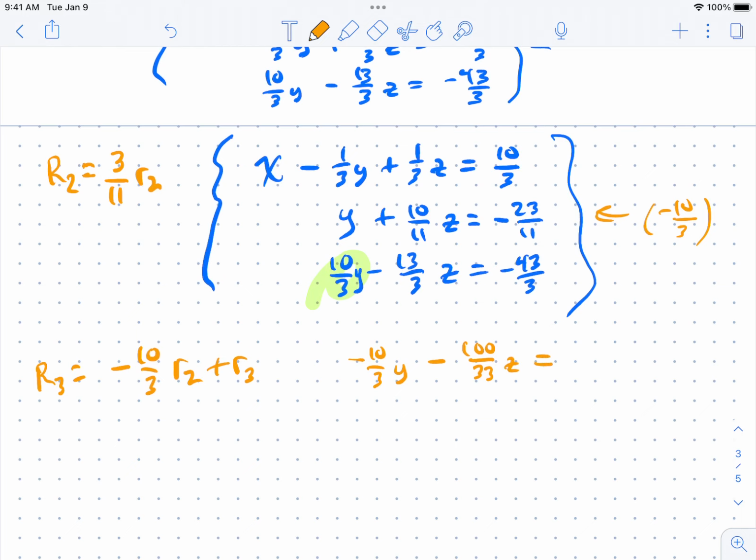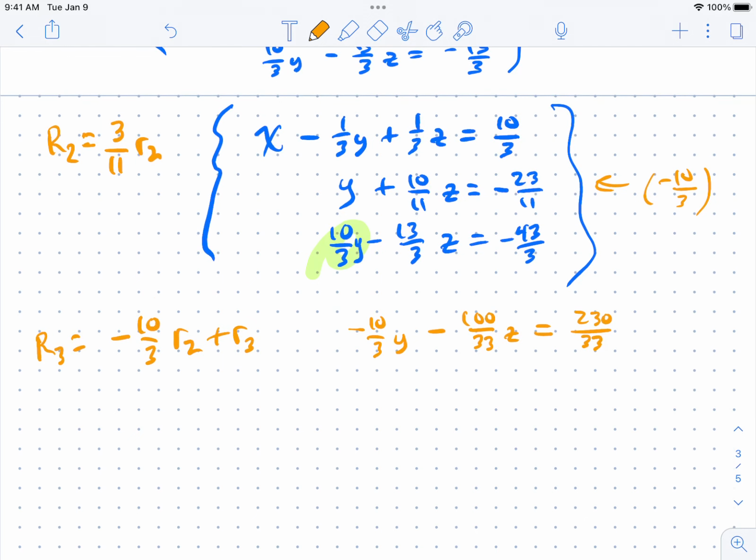Wow. Equals, and then here I've got a 230 over 33. Okay. And then what else we got here? Add the row 3 to it. So that would be the 10 thirds y minus the 13 thirds z equals the negative 43 thirds. So when we add those 2 equations together, the y's go away.